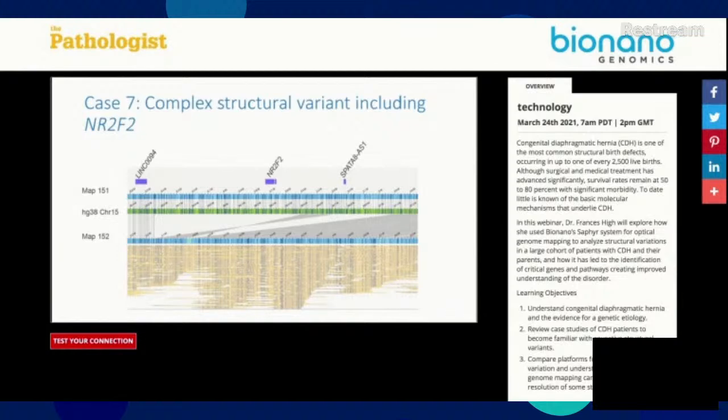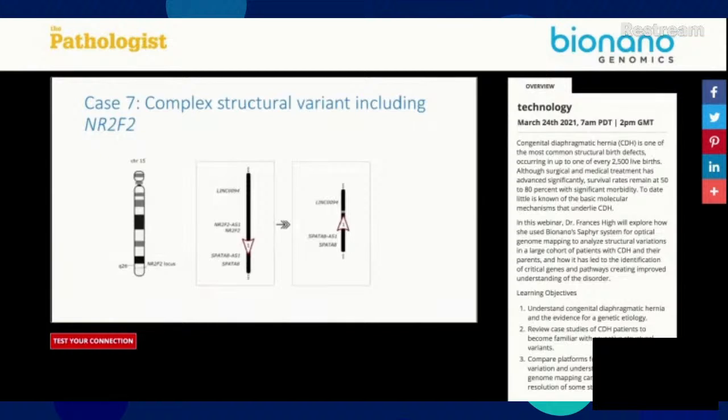On the bottom blue map, we can see that there is a large deletion of this region that includes the NR2F2 gene. And then there's also an inversion of this region just downstream of the NR2F2 gene. And then there's another smaller deletion just beyond that.